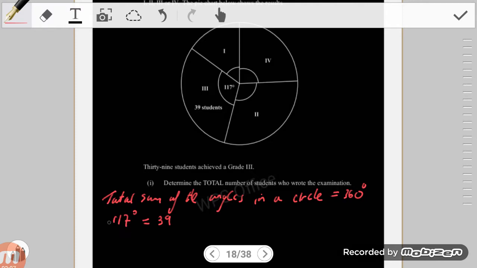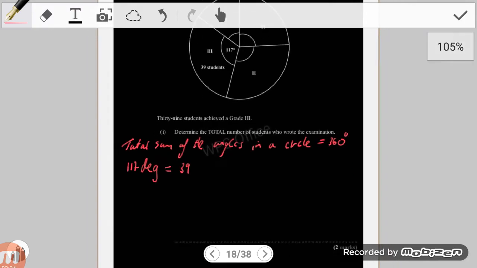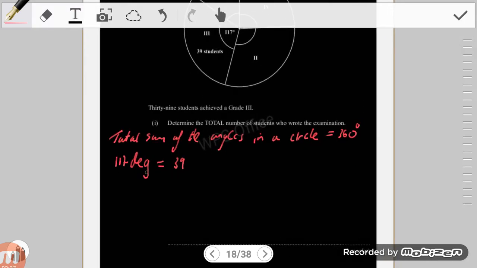Let's write that a bit clearer. 117 degrees is equal to 39 students. If I divide both sides by 117 degrees, then 1 degree is going to be equal to 39 divided by 117.